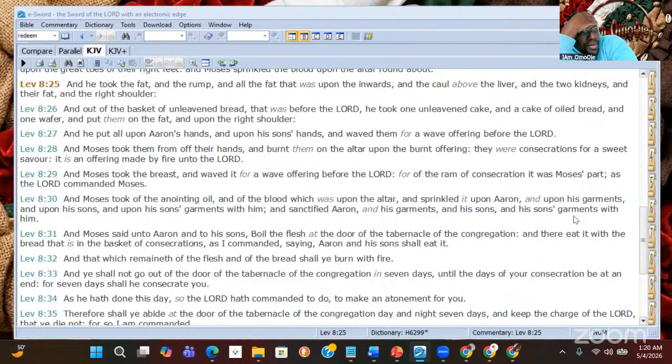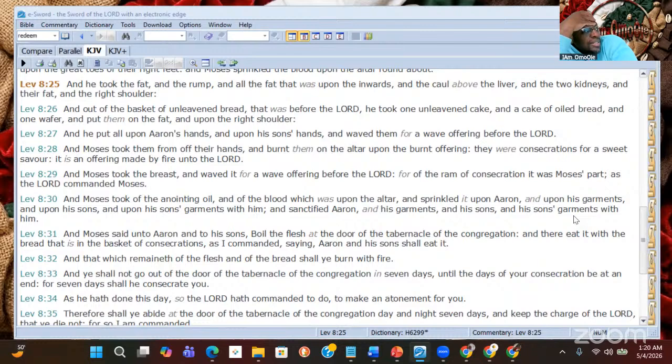They were consecrations for a sweet savor. It is an offering made by fire unto Jehovah. And Moshe took the breast and waved it for a wave offering before Jehovah. For of the ram of consecration it was Moshe's part, as Jehovah commanded Moshe.